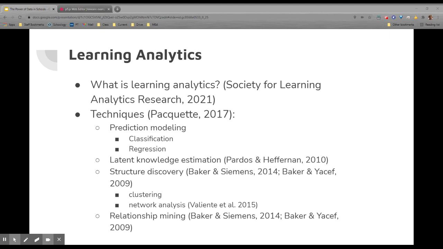There are several techniques that can be used to bring meaningful insights from learning data. The first set of techniques is prediction modeling, which is used to infer some unknown information based on the information that is available. Examples include whether a student will pass a course, if the student is meaningfully engaged in an online course, if a student is on track to graduate, how well the student will retain the learning that's going on into the future.